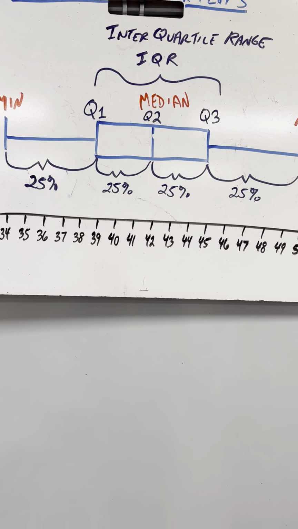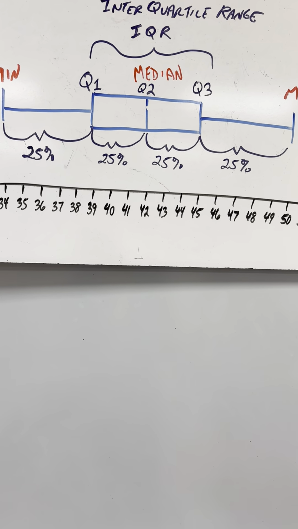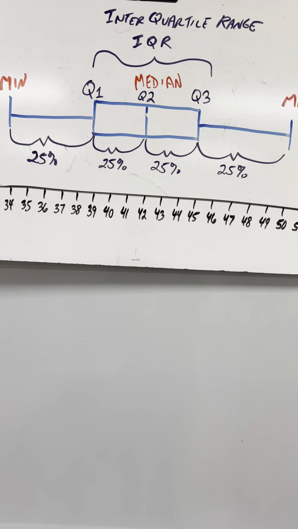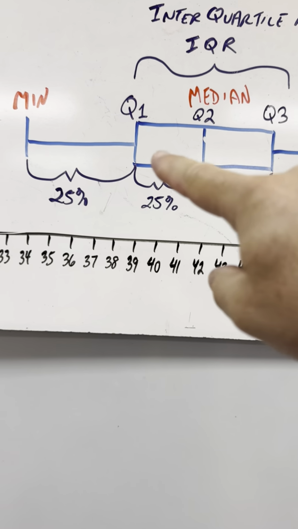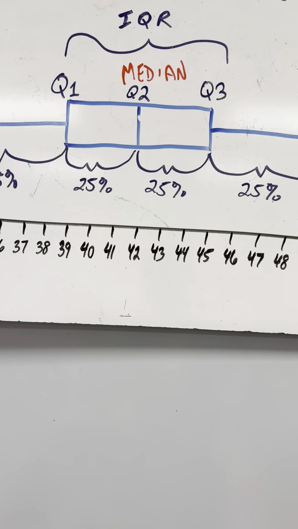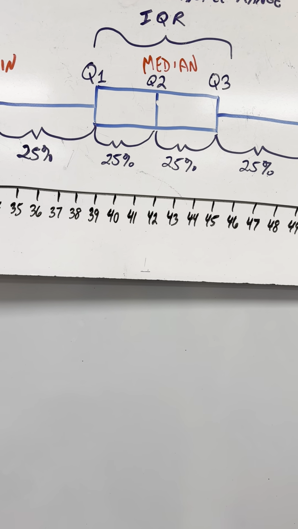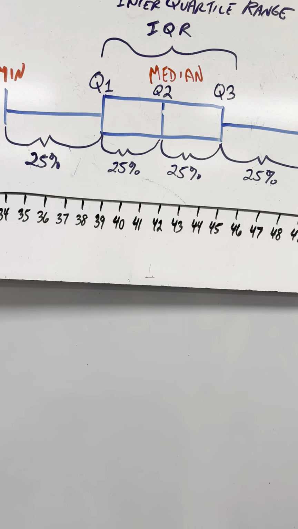Now, one of the things that I find a little peculiar is that it's divided into 4 sections, but we have Q1, Q2, and Q3, but there's no Q4. Whatever.